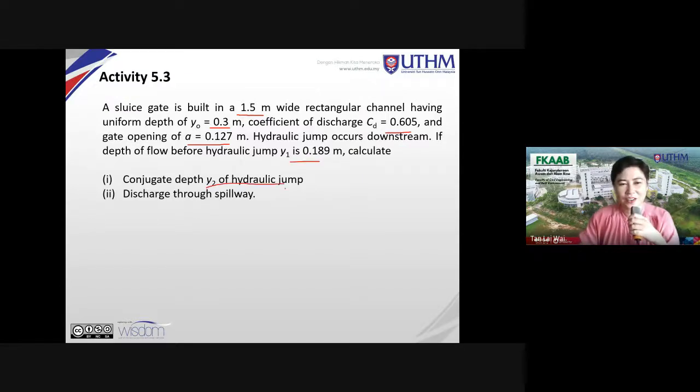Calculate y2. If you still remember in chapter 4, hydraulic jump, we will use the conjugate depth equation. That means we have y2 over y1 equals to half, and then you have 1 plus, if I'm not mistaken.